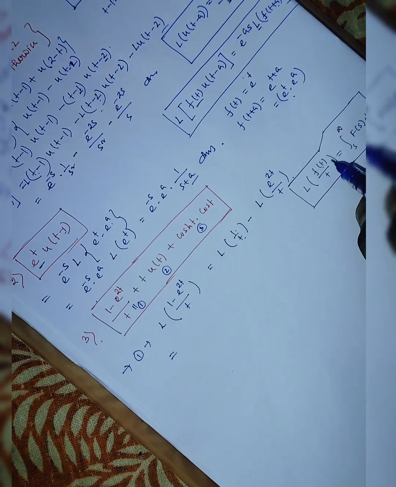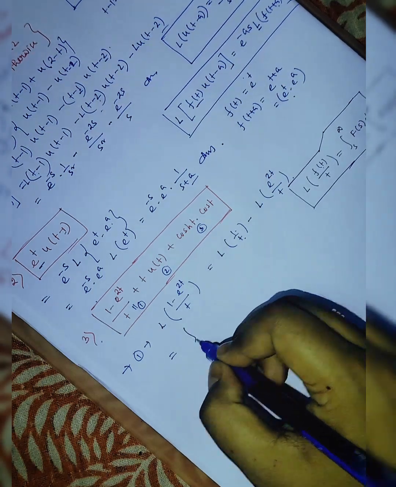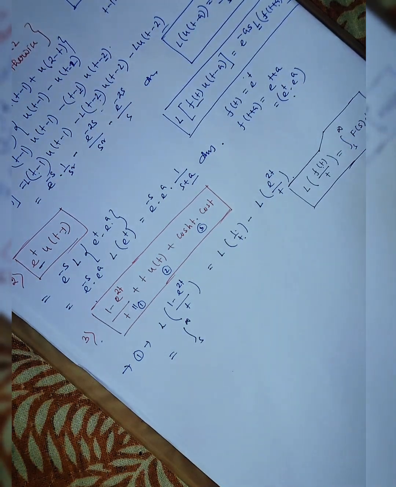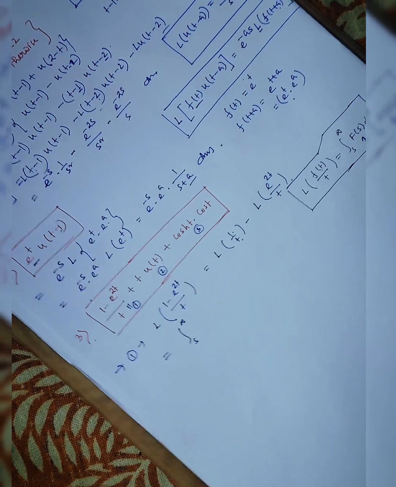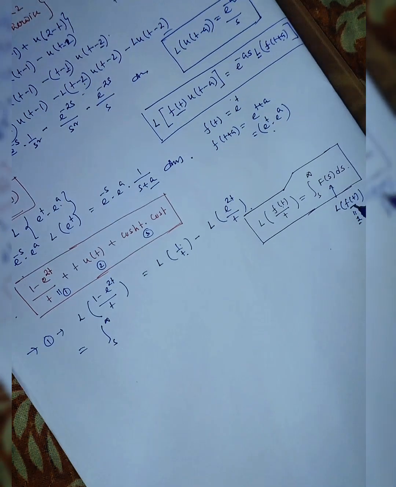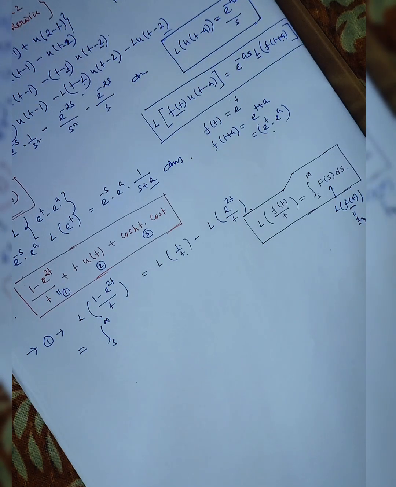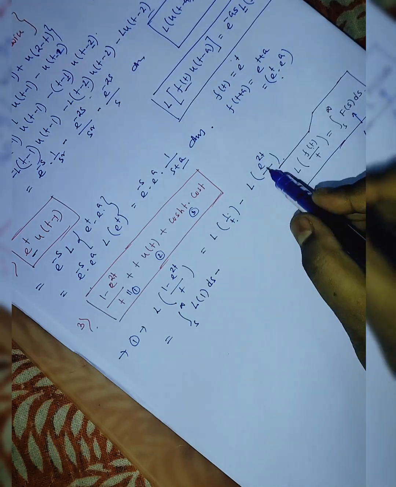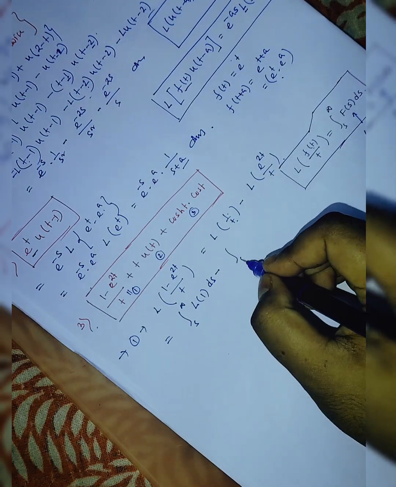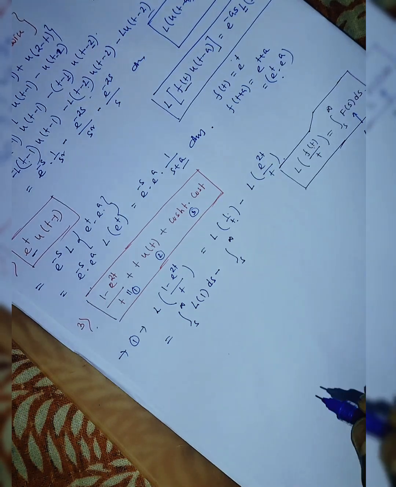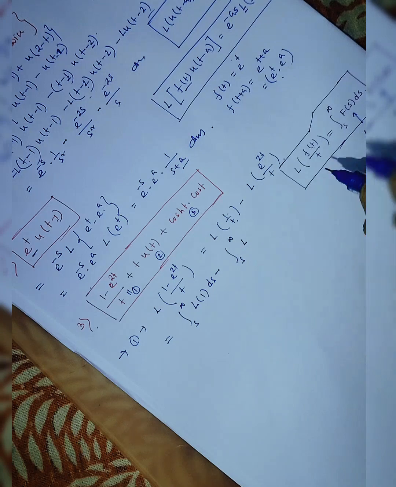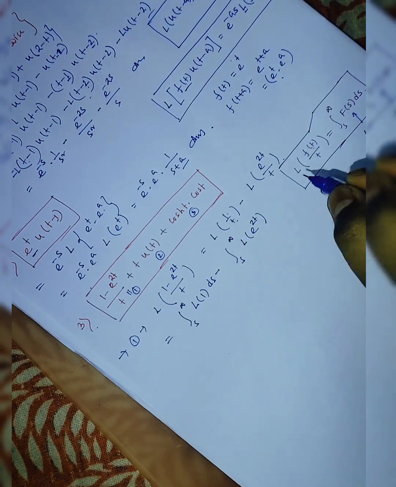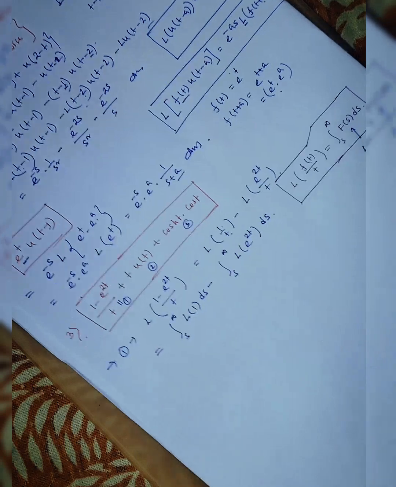Here the lower limit is s and the upper limit is infinity, integral of f of s ds, and f of s equals L of f of t, and you know f of t equals 1. So L of 1 into ds minus, here f of t equals e to the power 2t, integral from s to infinity of L of e to the power 2t into ds. Clear?